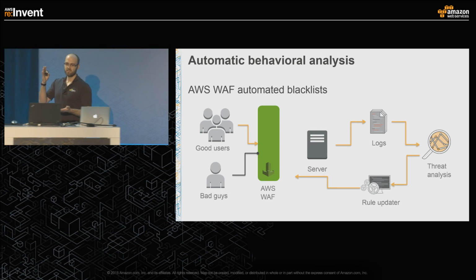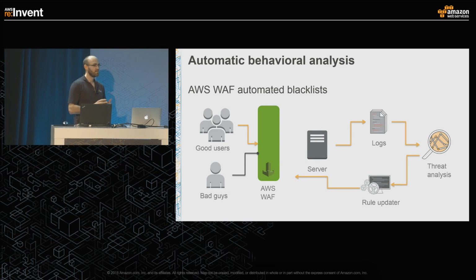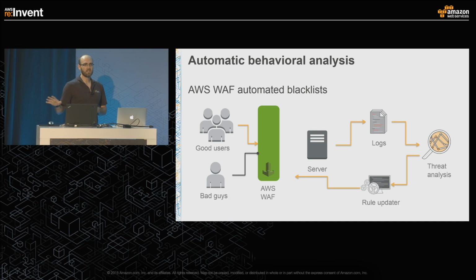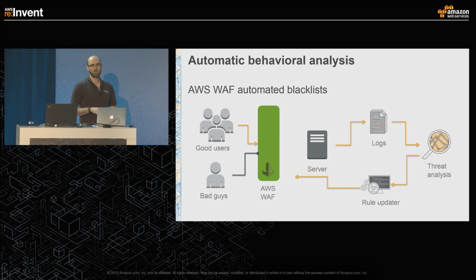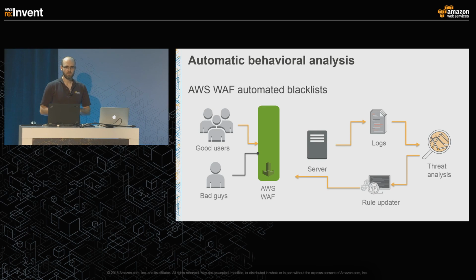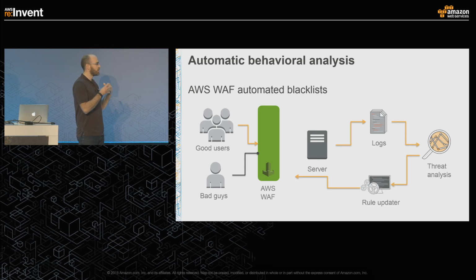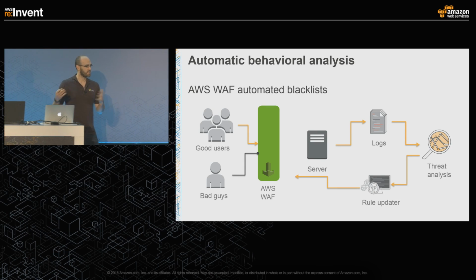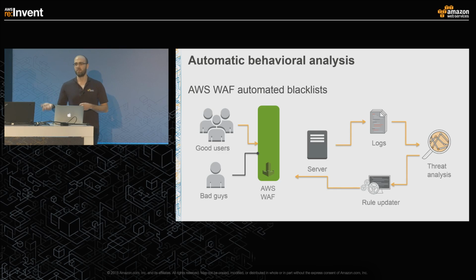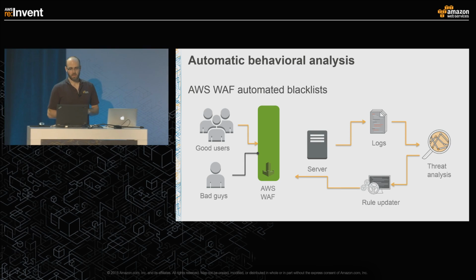The basic gist is you've got your application servers, your web servers that are emitting log data that tells you about everything that's going on and even gives you some details about the requests that are being made. That data is super rich in knowing what good behavior looks like and can give you a lot of clues about what bad behavior looks like.